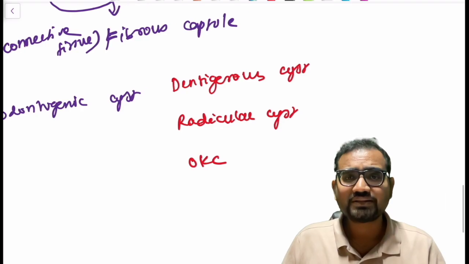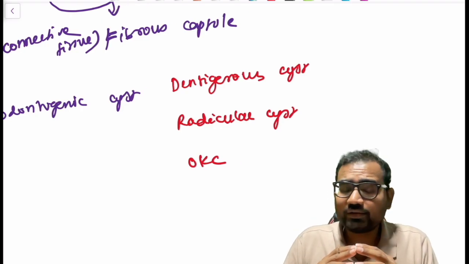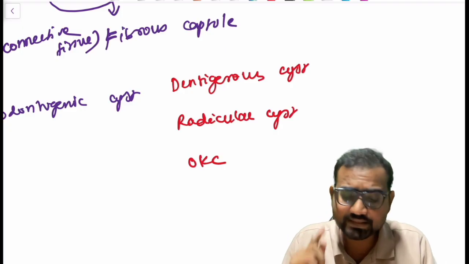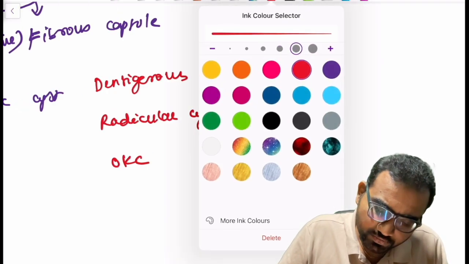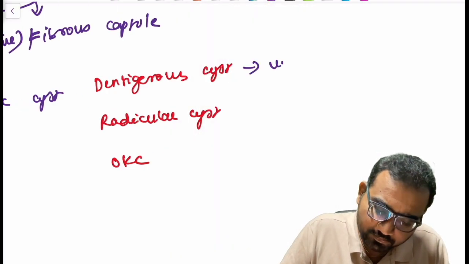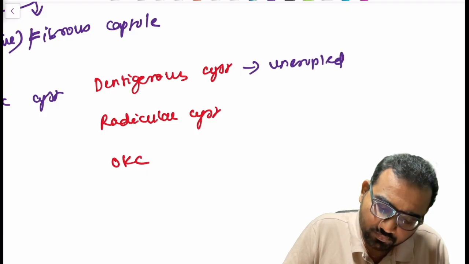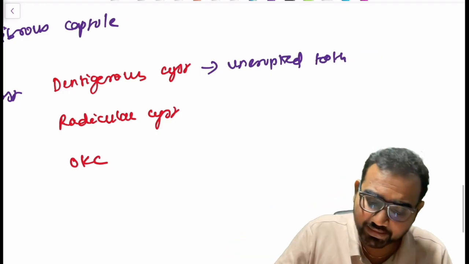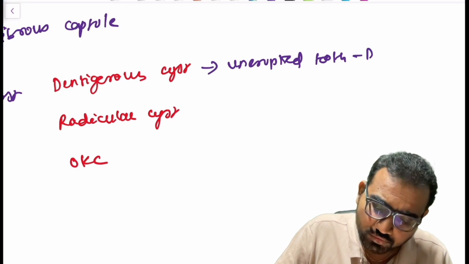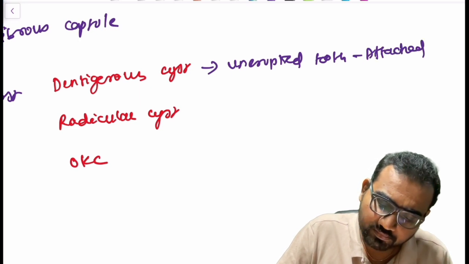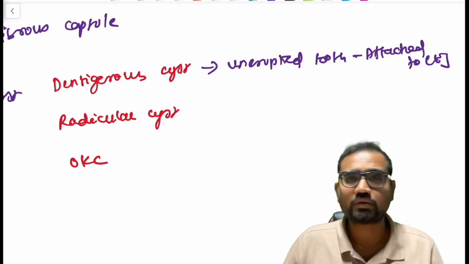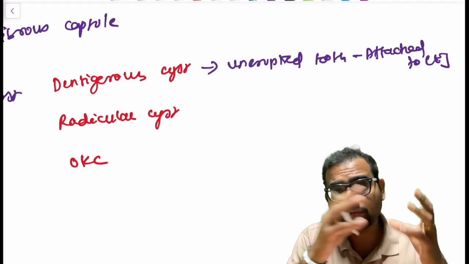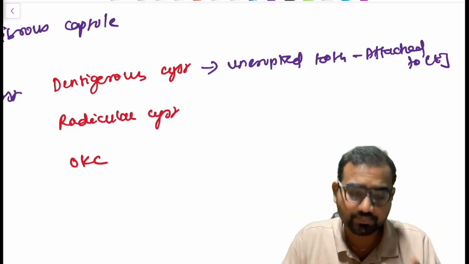I'll not go in depth. I'll tell you very key features of these cysts. Dentigerous cyst is associated with unerupted tooth. It is associated with the crown of the unerupted tooth and it is attached to the CEJ.